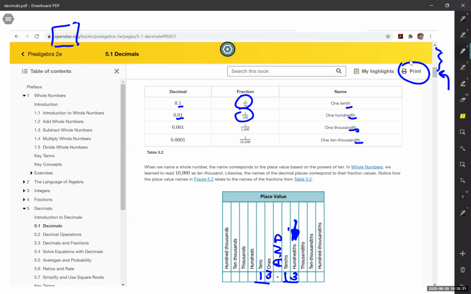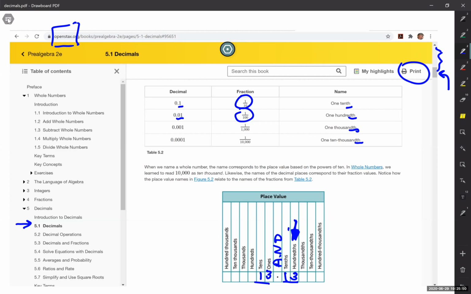All right, so we are going to start writing these out on the notes. If you wanted to take a screenshot of this chart, you could rewind the video, but you could just go to the website. This is section 5.1, click over here on the left and it will take you right to this page.